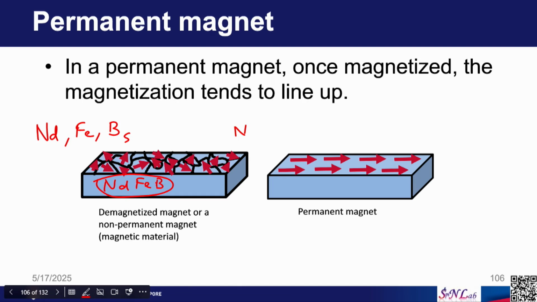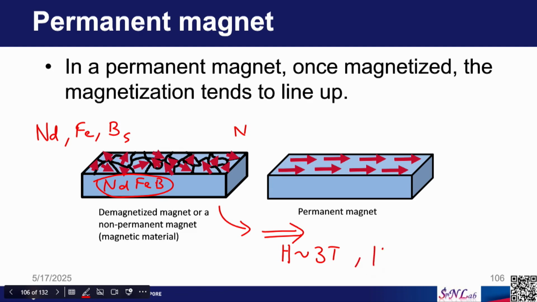What I need to do is subject this particular piece of magnet to a very strong magnetic field, typically a 3 Tesla kind of field. I apply a very large magnetic field, then I force all the magnetization to point along this direction.